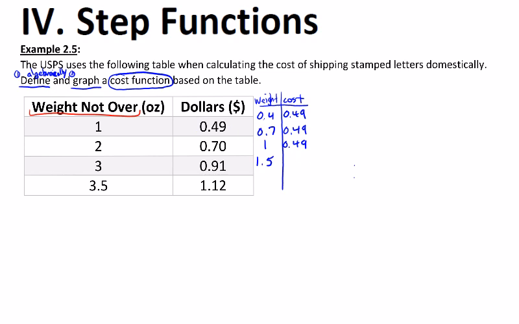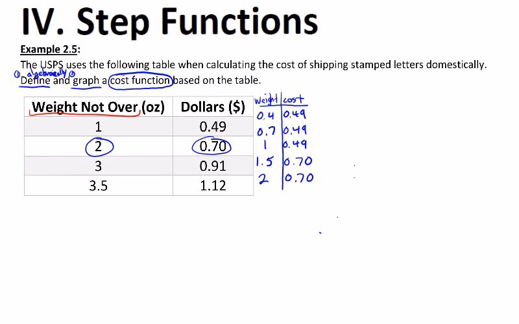Then I'm going to be in this second category because my weight is not over 2, but it was over 1. So then that's going to cost me 70 cents. And then the largest weight that I could potentially have that would cost 70 cents would be 2 ounces. So 2 ounces would get me 70 cents as well.